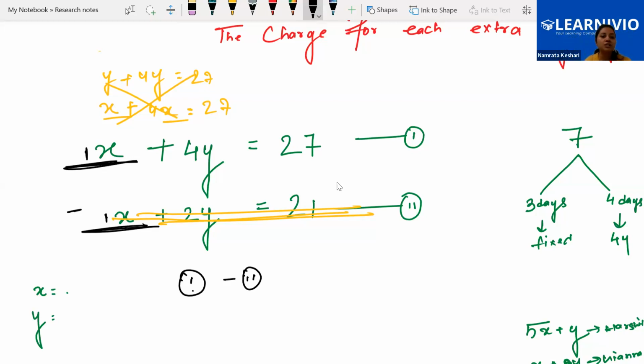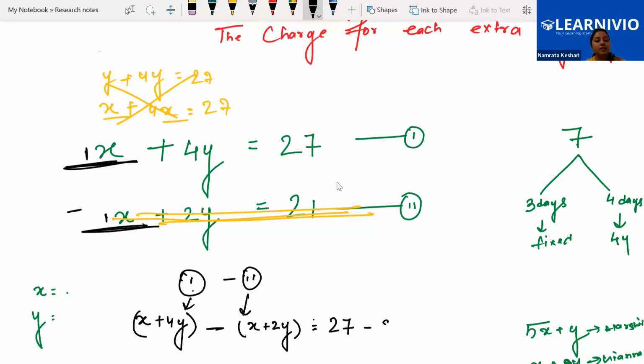So equation 1's left hand side is x plus 4y, minus equation 2's left hand side x plus 2y, is equal to equation 1's right hand side 27 minus equation 2's right hand side 21.